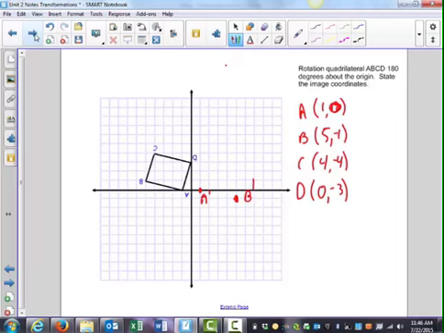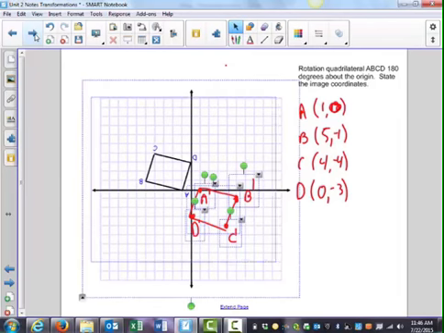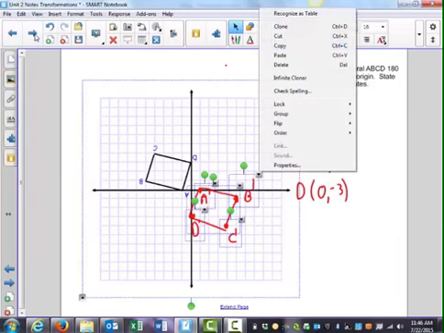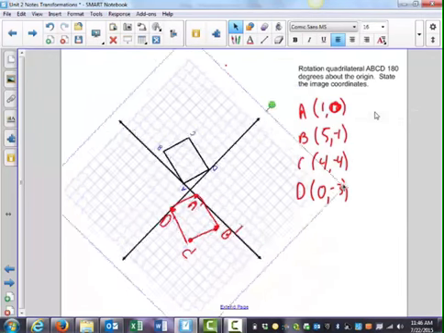Okay, C is 4, -4. There's C prime. And then D prime is 0, 3. There's D. All right? So I end up with my rotation of 180 degrees. Okay, and then we just got to flip it back.